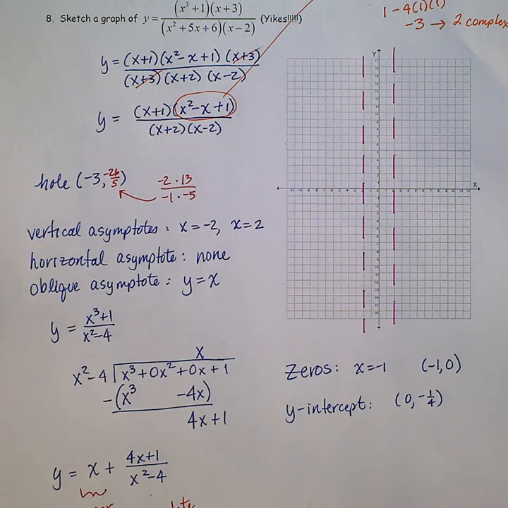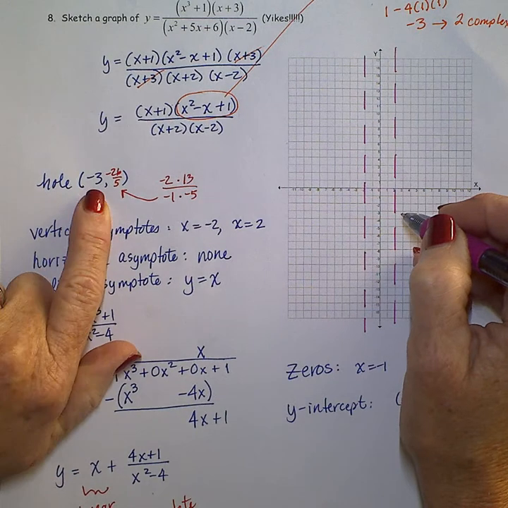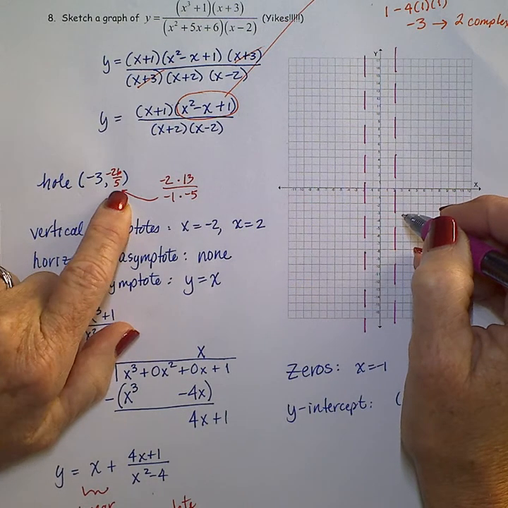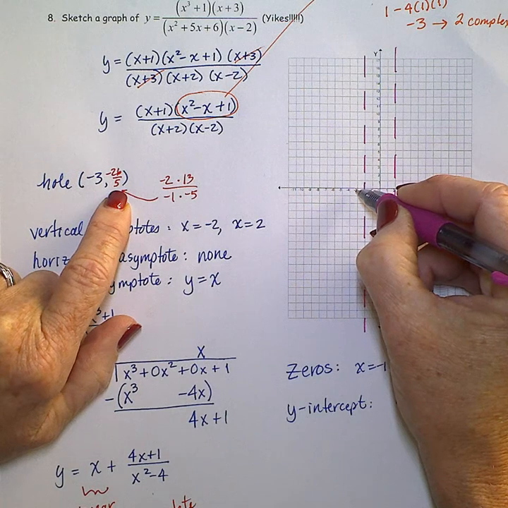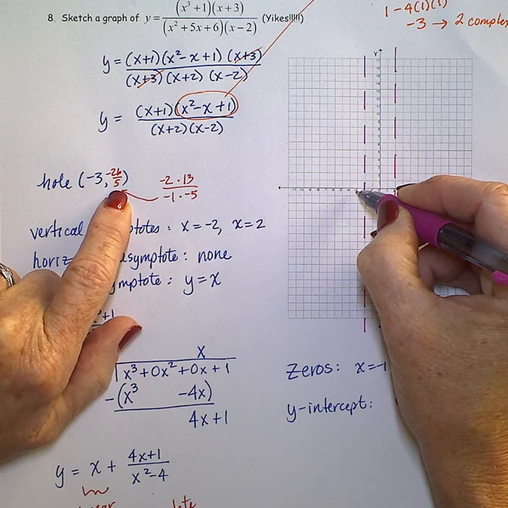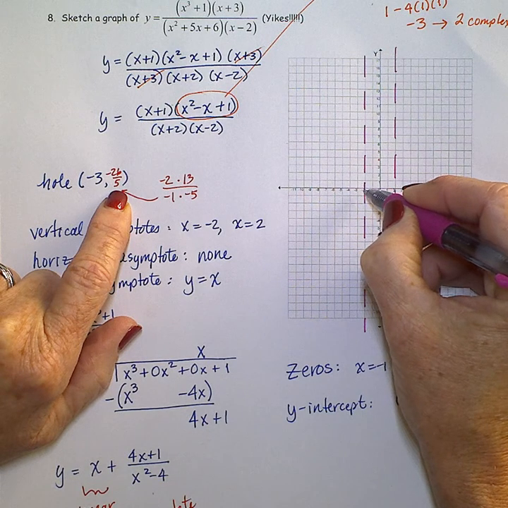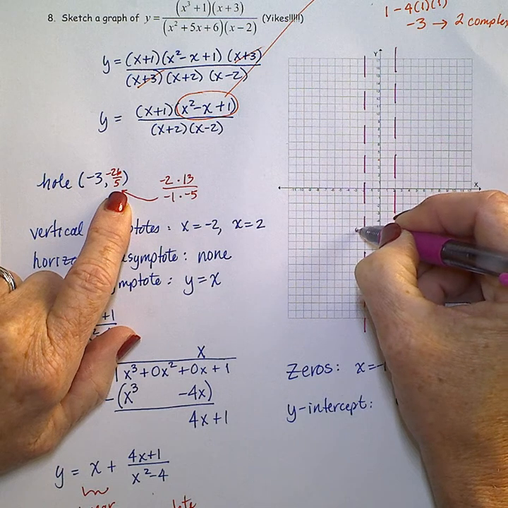Okay. Let's see, there was a hole at -3, -26/5. -26/5 is, as a mixed number, -5 and 1/5. There's a hole right there.